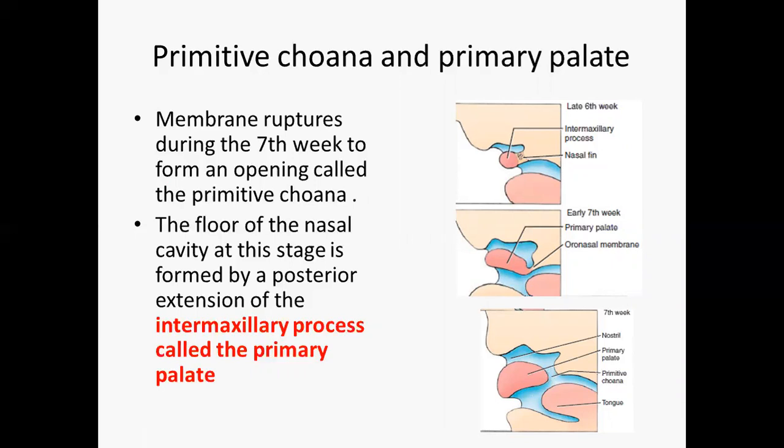The floor of the nasal cavity at this stage is formed by a posterior extension of this intermaxillary process, which is known as the primary palate. So after the rupture of the oronasal membrane, this intermaxillary process is now called the primary palate, which is the only division between the primitive nasal cavity and the primitive oral cavity.